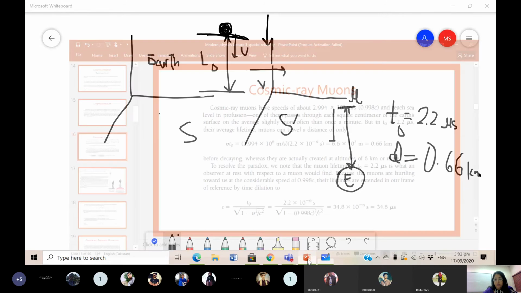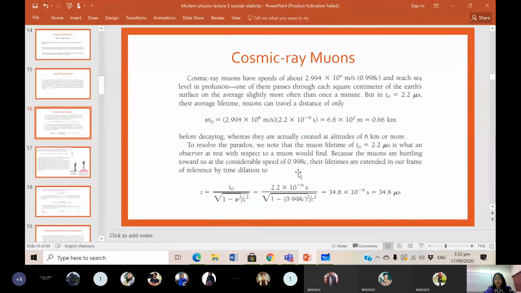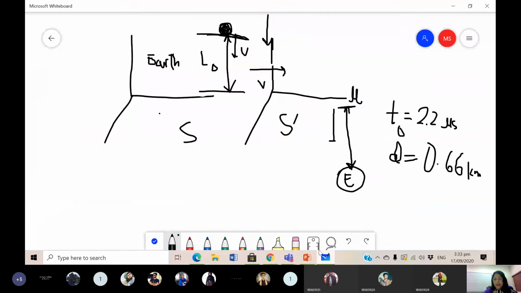But now what we're interested in is that there will be a time dilation effect. As seen by an observer on Earth, will the time be dilated? Yes, it will be, because we are sitting on Earth, right? So what will be the time dilation effect? It is gamma T0.